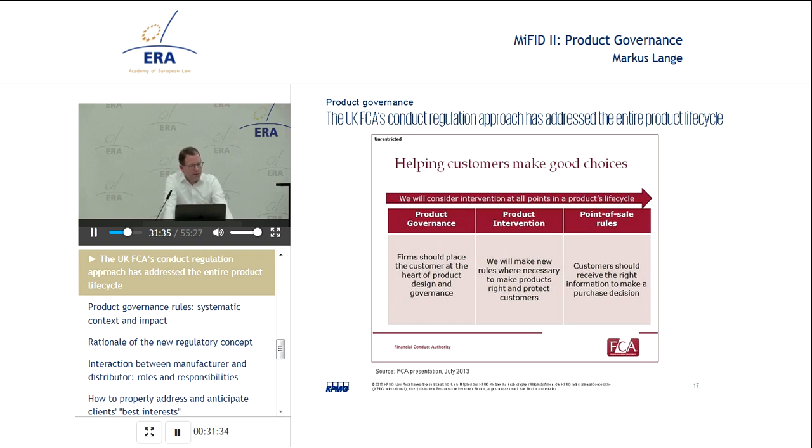And possibly two points in addition to this slide. You will not have found product governance rules in the first draft of MiFID II in October 2011. There was nothing about product governance. But it was already mentioned in the Commission's consultation paper for the MiFID review in December 2010.